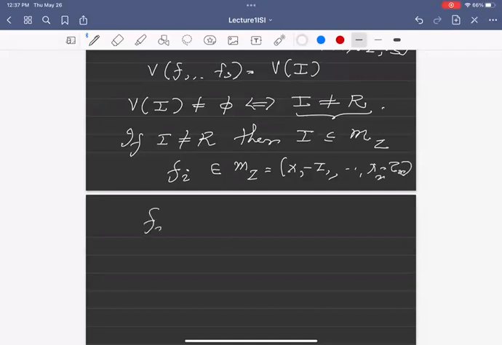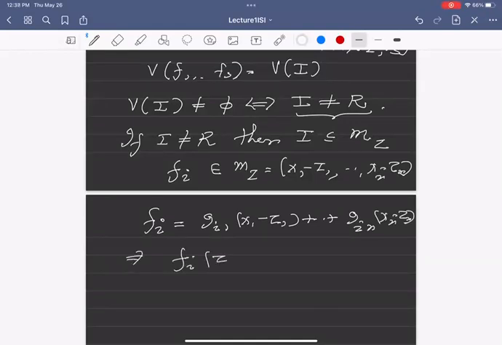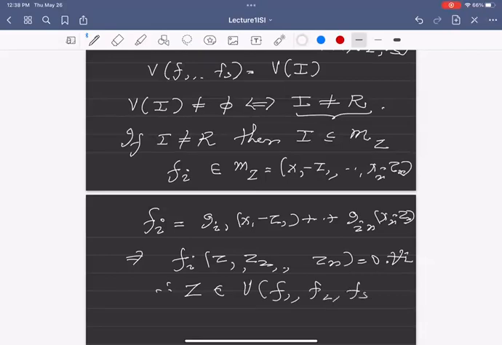So each polynomial is a polynomial combination of x1 minus z1 up to xn minus zn, and this says that fi(z1, z2, ..., zn) is 0 for all i, and therefore z belongs to the variety of F1, F2, up to Fs. So this is the consistency criterion.